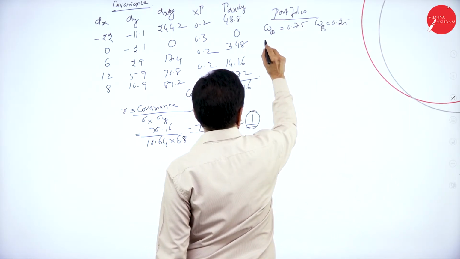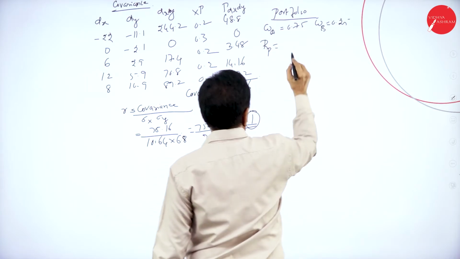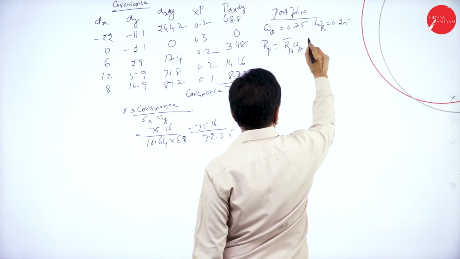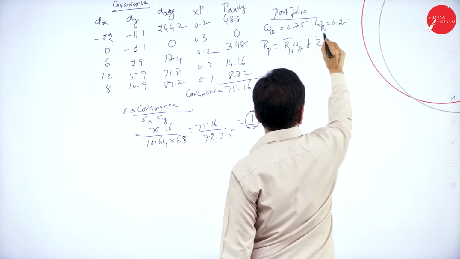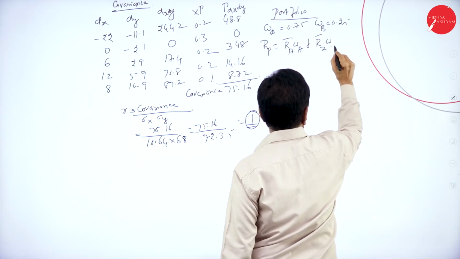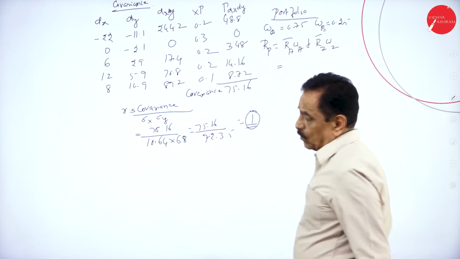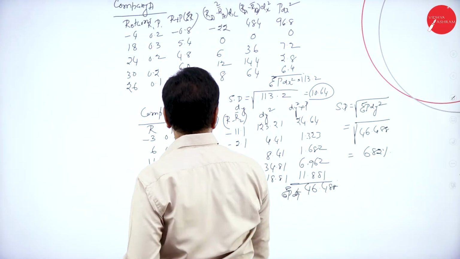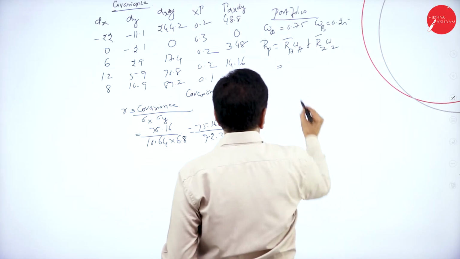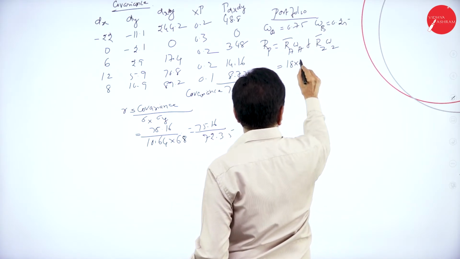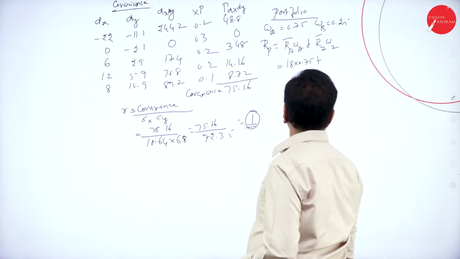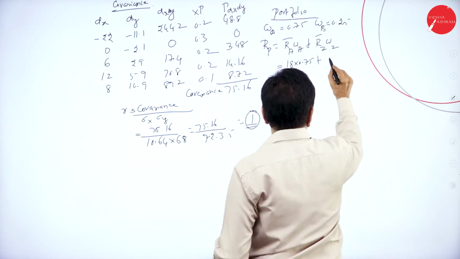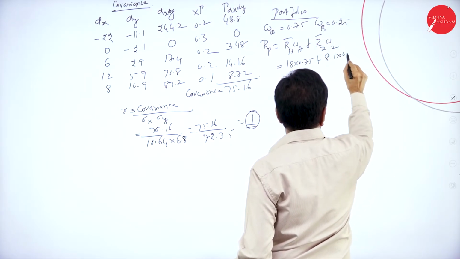So, return of portfolio: return of A into WA plus return of B, Z, WZ. Now, what's the return of A? First one, expected return 18 into 0.75. What's Z? What's the return? 8.1 into 0.25.